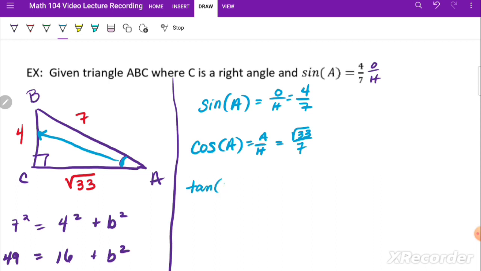And tangent of angle A, that's our opposite side divided by our adjacent side. It'll be 4 over the square root of 33. And we'll rationalize that. We get 4 square root of 33 over 33.